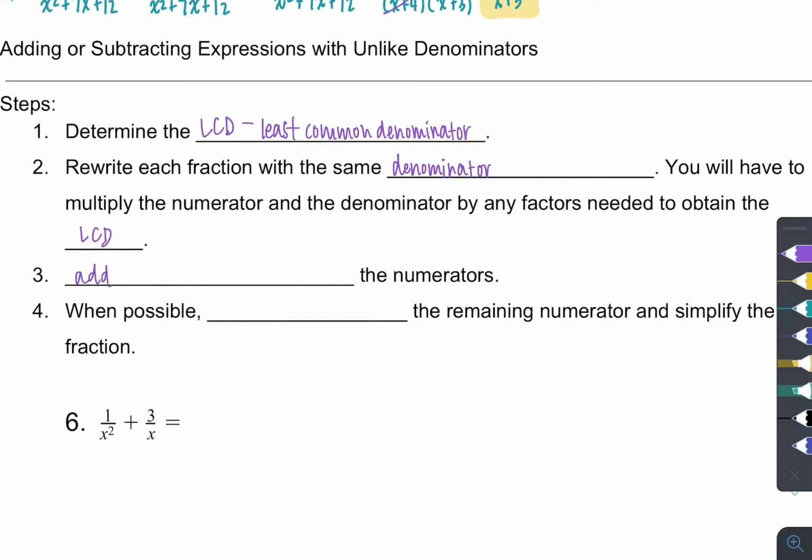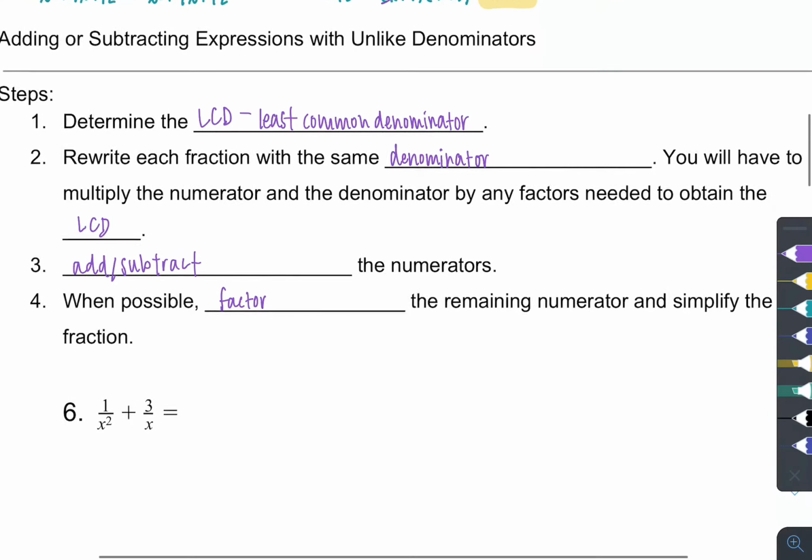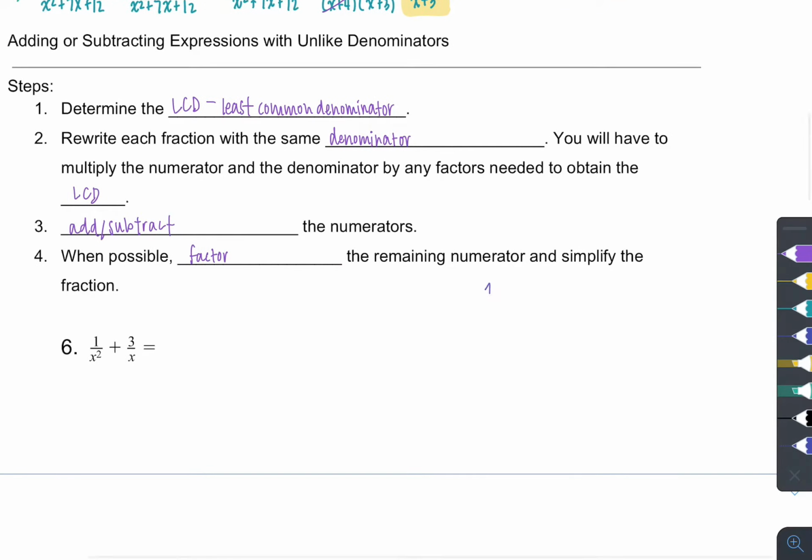You'll add or subtract the numerators, and then when possible, you'll factor the rest of it. So to kind of simplify, basically step 1 is get the same denominator. Step 2 is add and subtract, or add/subtract. And step 3 is simplify.